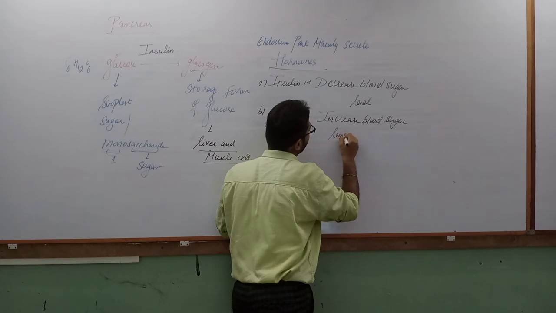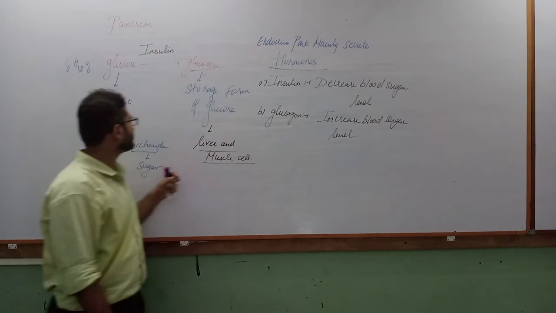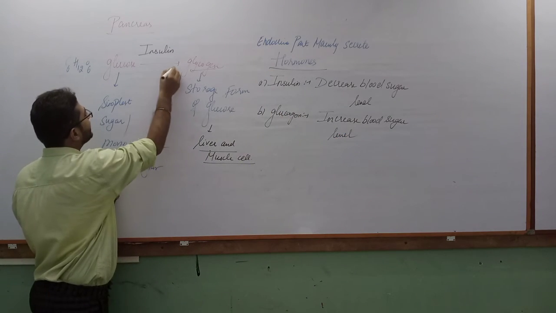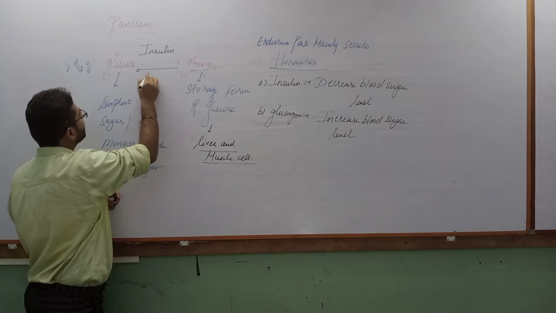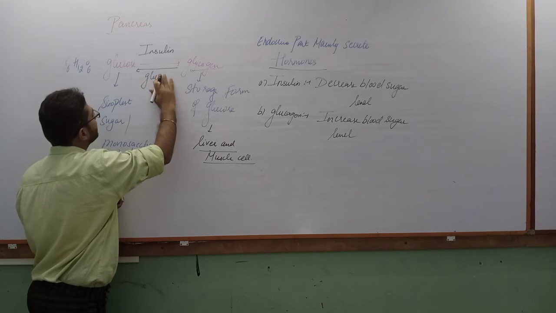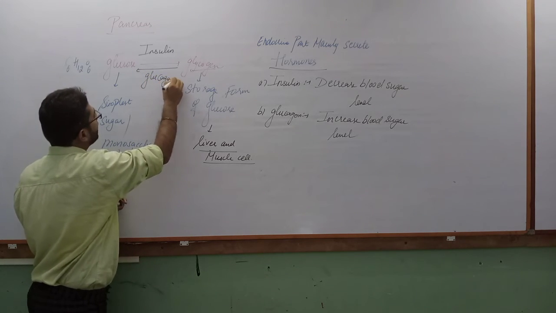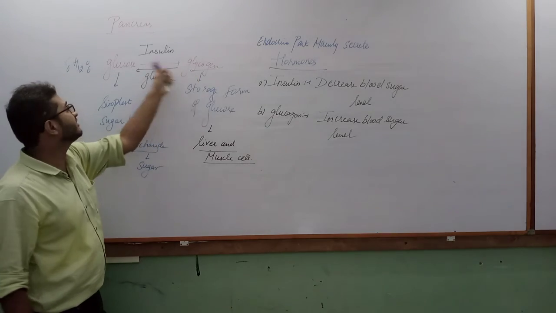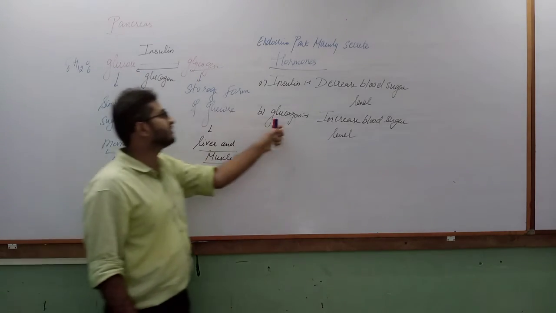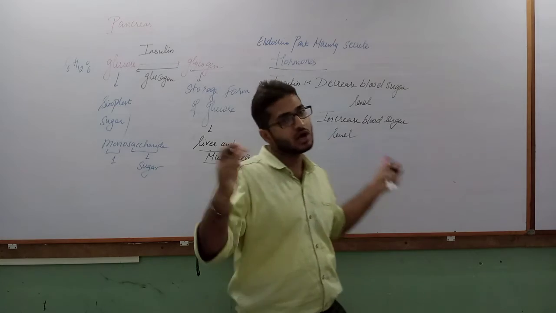Okay, so let us write with the reverse arrow. This reaction is performed using glucagon. Now glycogen is converted into glucose in the presence of this hormone, glucagon.